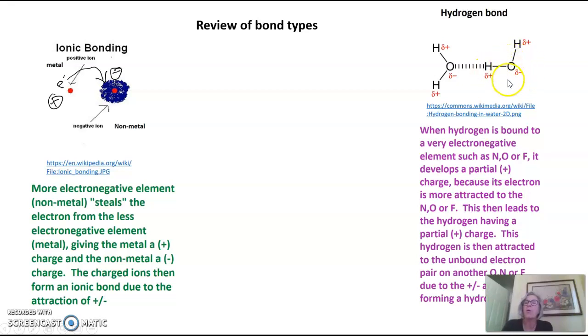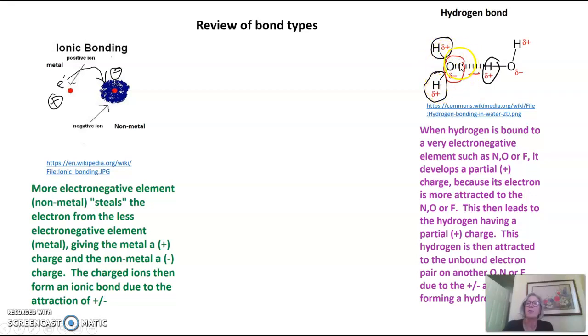The electrons spend more of their time near the oxygen than they do near the hydrogen. That gives the hydrogen a partial positive charge. It's not a full positive charge, but because the electrons aren't in this neighborhood as often, it has a positive-ish charge. And that's true for each of the hydrogens bound to a very electronegative element like oxygen.